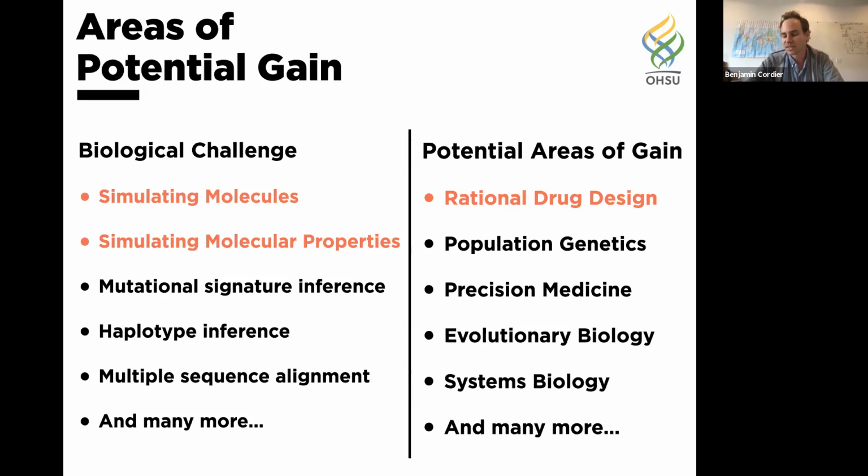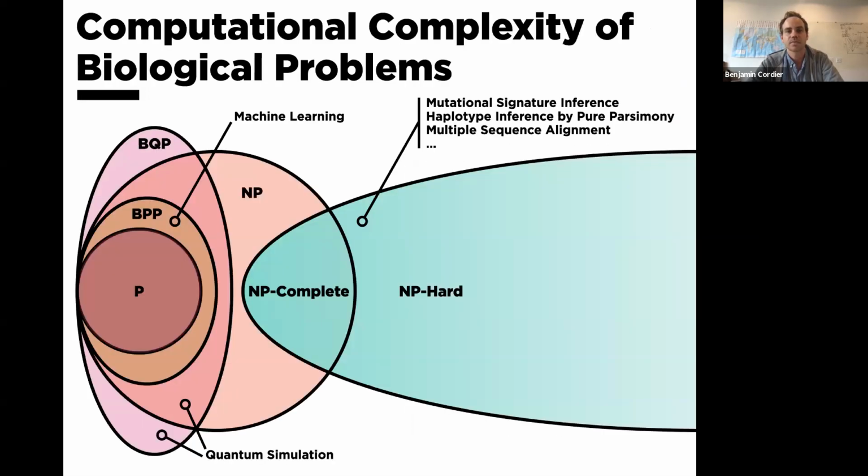But if we were going to say, what is the killer app for the biological domain? Much like in chemistry and material science, it's really going to be quantum simulation. This looks to be the killer app for the biological field. And so if we were going to map these biological problems into this complexity theoretic framework, what we see is that mutational inference, haplotype inference, and multiple sequence alignment are the NP-hard combinatorial optimization problems.